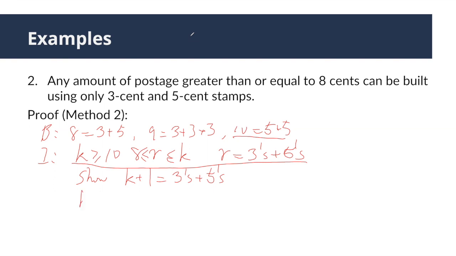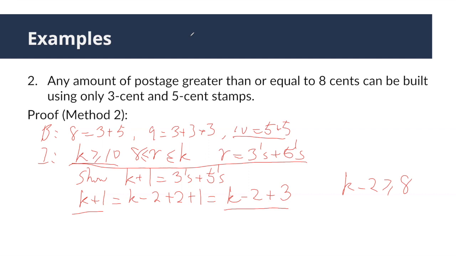Now we can directly use the previous technique. We first subtract 2, then add a 2 back to make sure the equation still holds. Now we can represent k plus 1 by k minus 2 plus 3. And since k is greater than or equal to 10, k minus 2 is greater than or equal to 8.